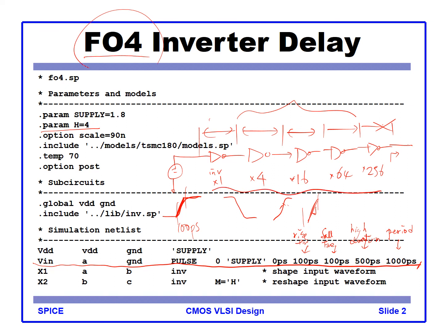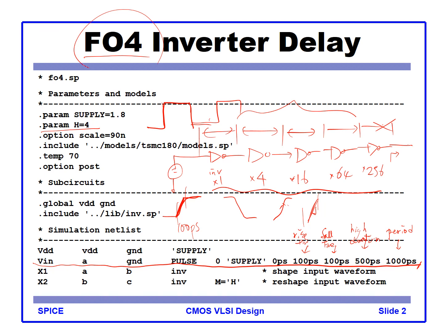Most students make a mistake when they simulate the fan-out-of-4 delay case. You just apply, let's say, an infinite, zero rise and fall time signal. In that case, the inverter delay will be much faster than the real case.